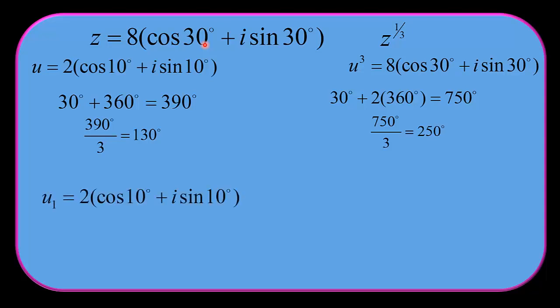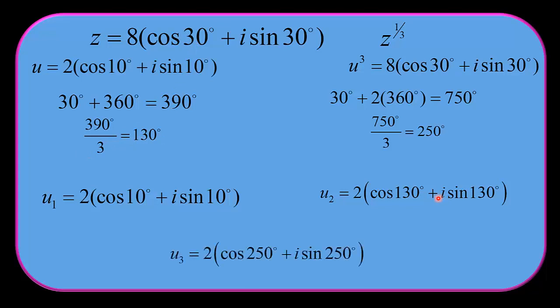But anyway, here's what we have. We have the first root, which we got just by looking. Another way you could look at that is we just took the original angle and divided by 3. Then we took the original angle, added 360 to it to get a coterminal angle, and divided that by 3. And then our third root, we got another coterminal angle.